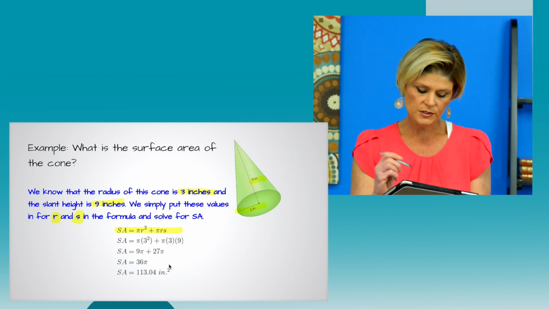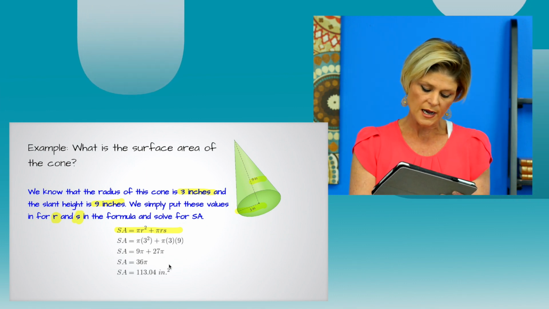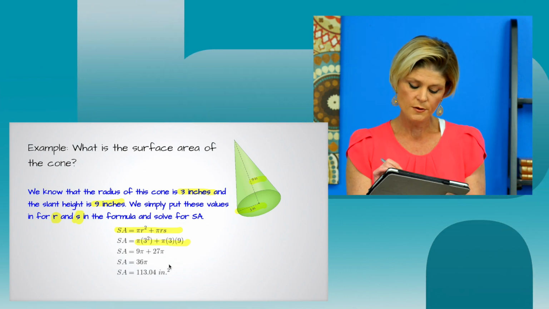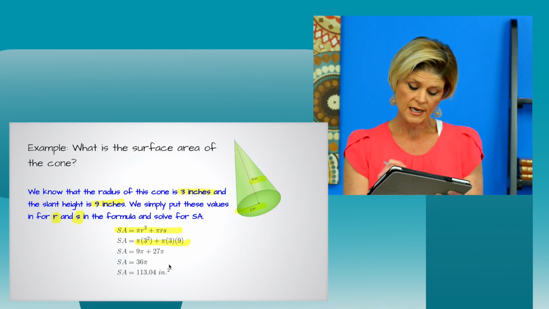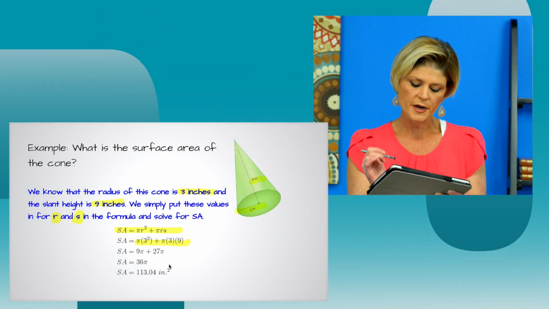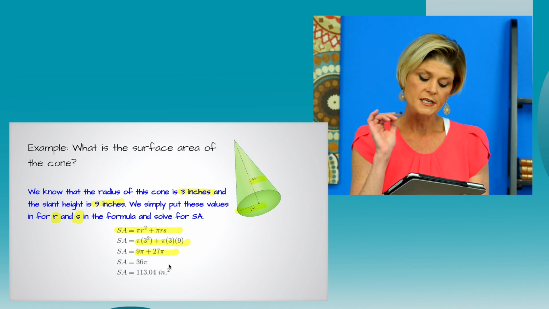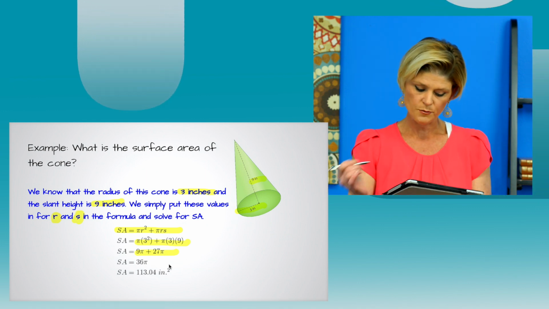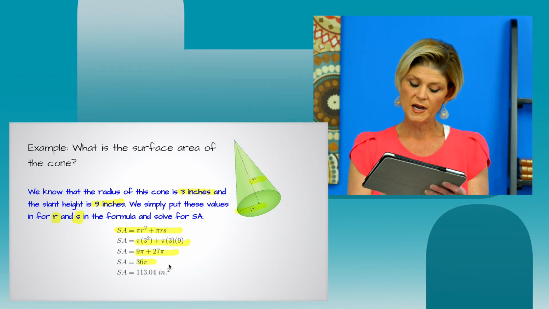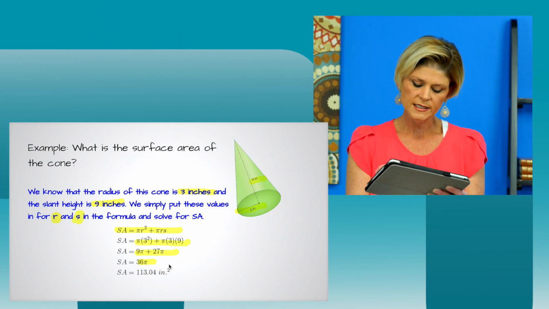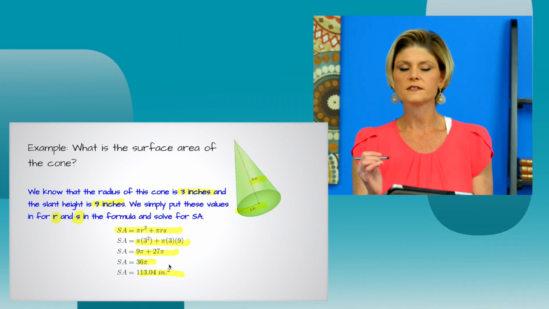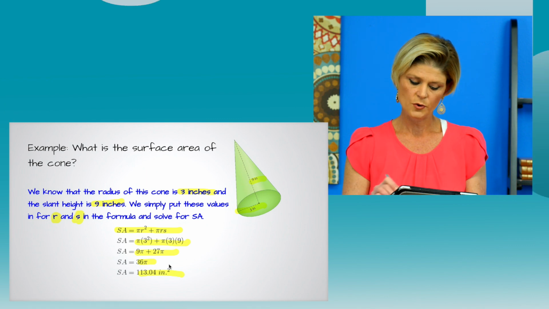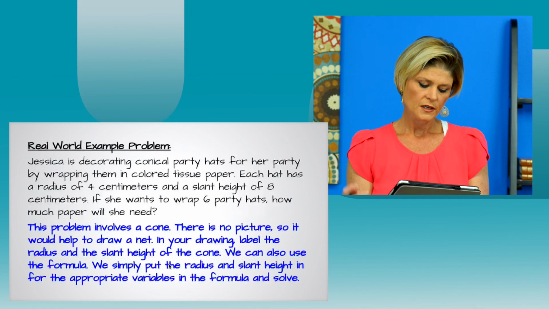Just plug in those numbers. We have pi times 3 squared plus pi times 3 times 9, which gives us 9 pi plus 27 pi, which gives us 36 pi. 36 times pi is 113.04 inches squared.